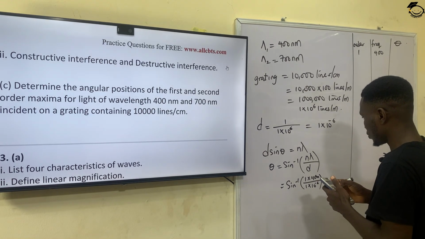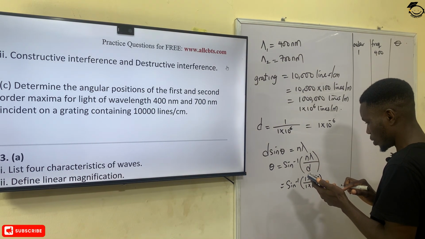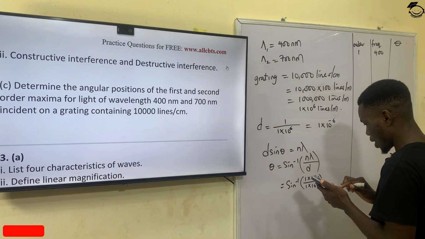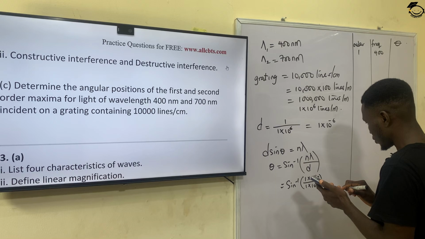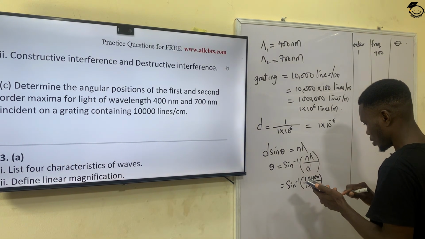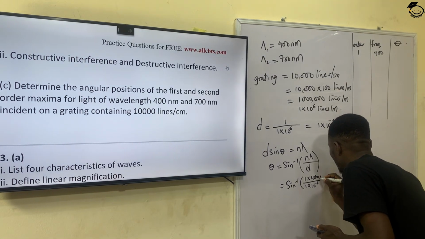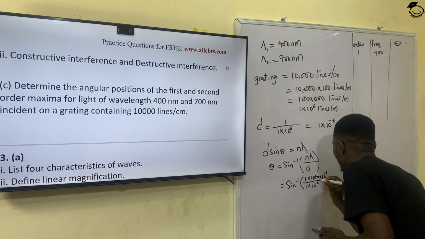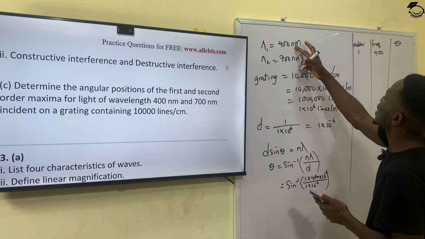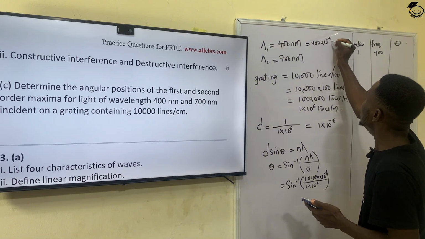That will give me 400 times 10 raised to power minus 9, because in the question what we have here is nano. So this is the same as saying 400 times 10 raised to power minus 9 meters.